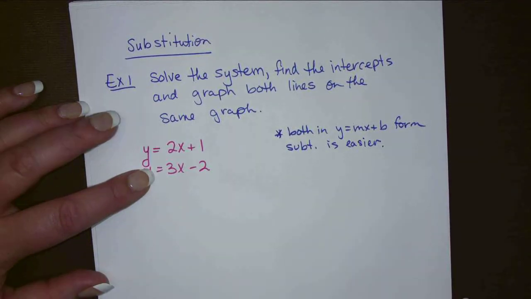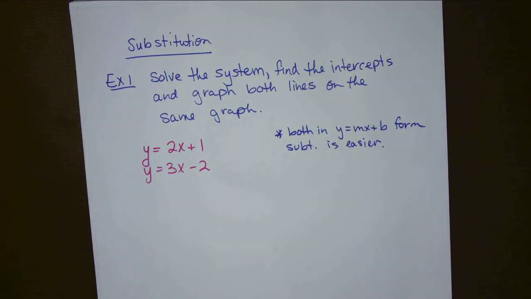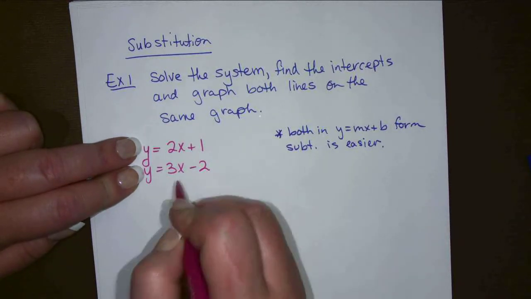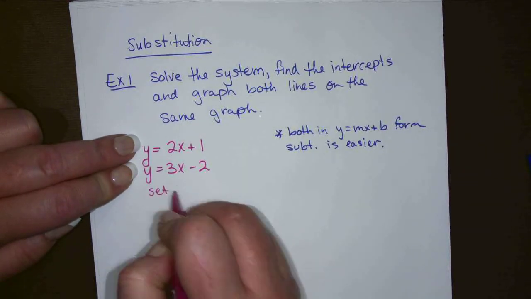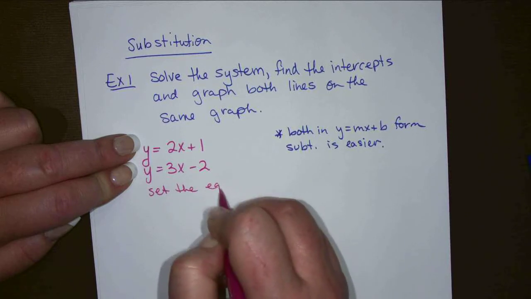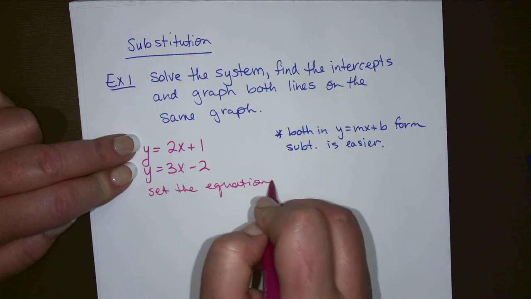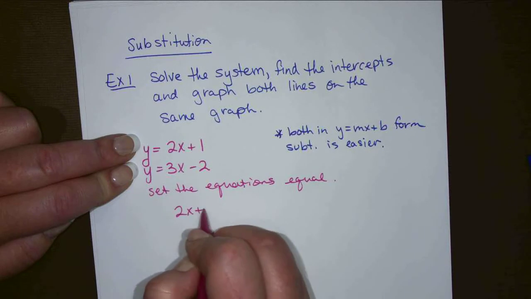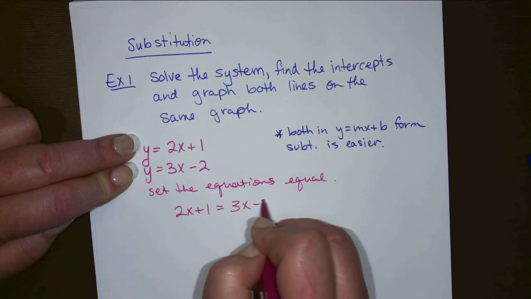The way substitution works is you're plugging one into the other, but if these are both solved for y and we want them to be equal, then we just set them equal to each other. So set the equations equal. So we would have 2x plus 1 is equal to 3x minus 2.